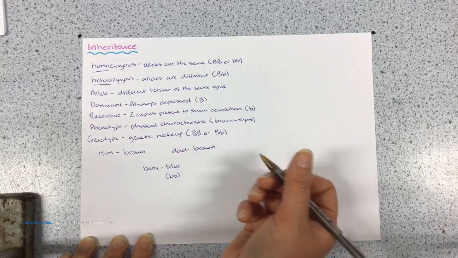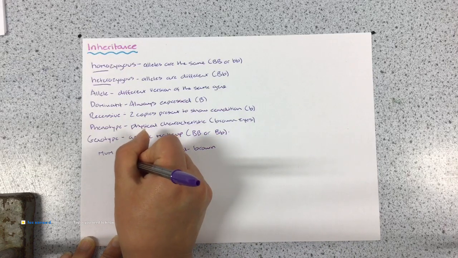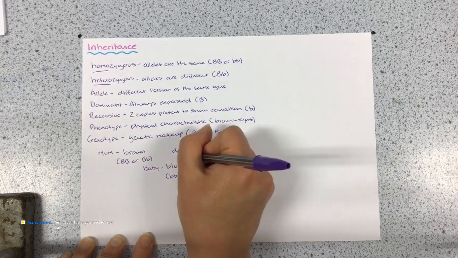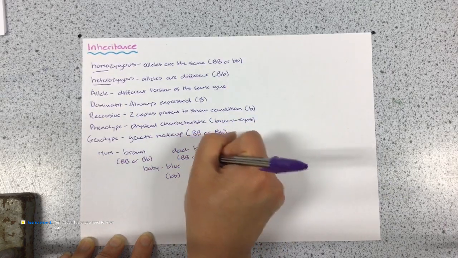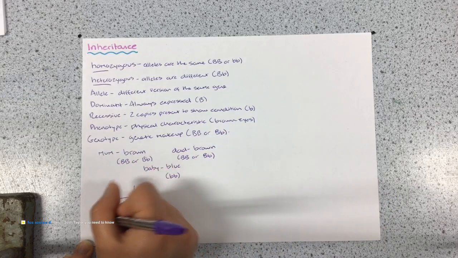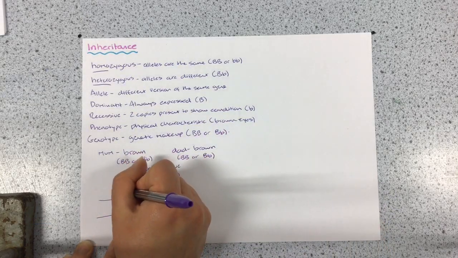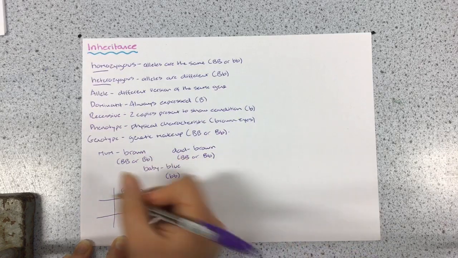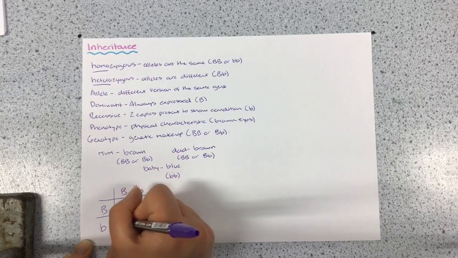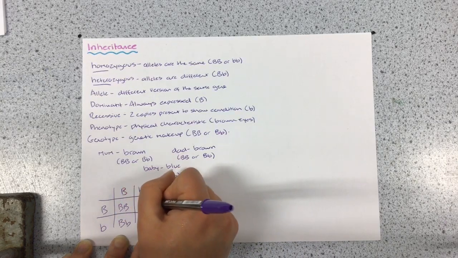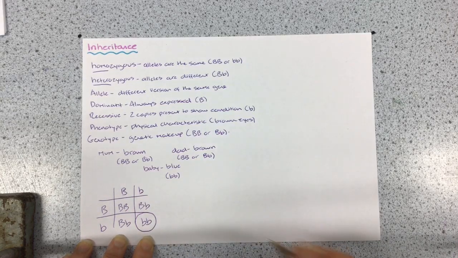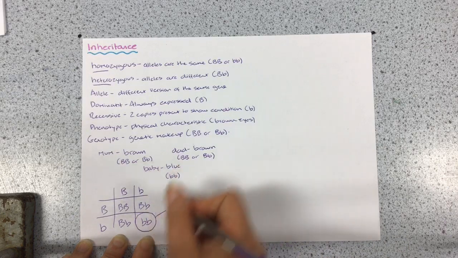So the options for brown eyes, mum could have been big B, big B, or she could have been big B, little b. Dad could have been big B, big B, or it could have been big B, little b. So if we draw a Punnett square, and we have mum here, big B, little b, dad here, big B, little b, and we fill it in, and circle the one that would give a recessive condition, this one would be the baby with blue eyes.